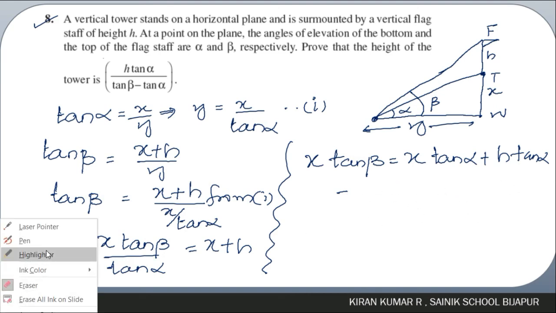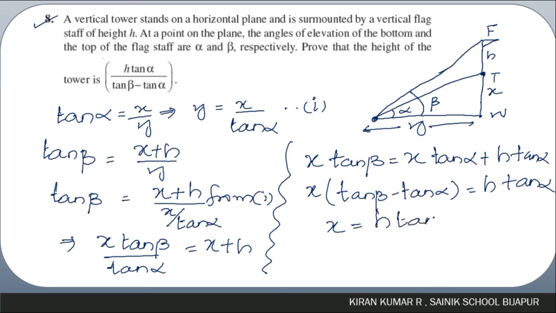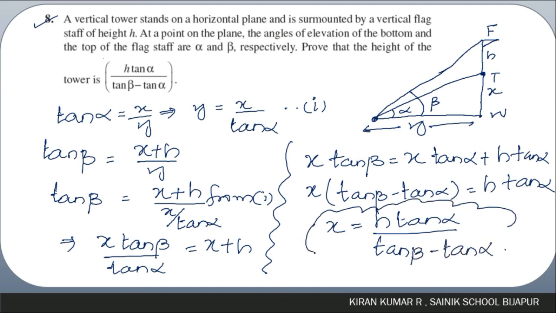I'll do that first. If you take x to one side, x can be taken common. I'll be getting x times tan beta minus tan alpha equal to h times tan alpha. So the value of x will be h times tan alpha upon tan beta minus tan alpha. So this is the result we were supposed to get. This is the height of the tower.